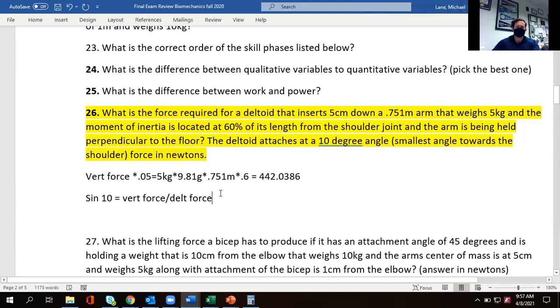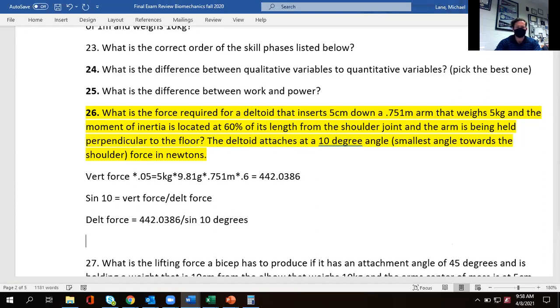So then from here, because we've got the vert force, remember we're going to cross multiply and divide. So now we're going to have our delt force equals that vert force of 442.0386 divided by sine 10 degrees.